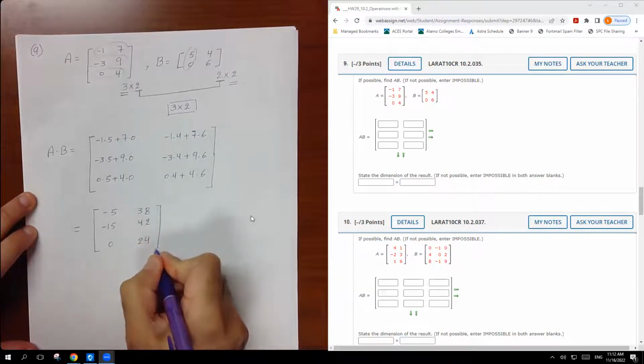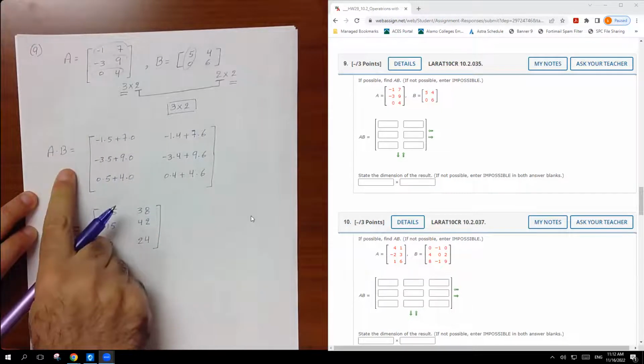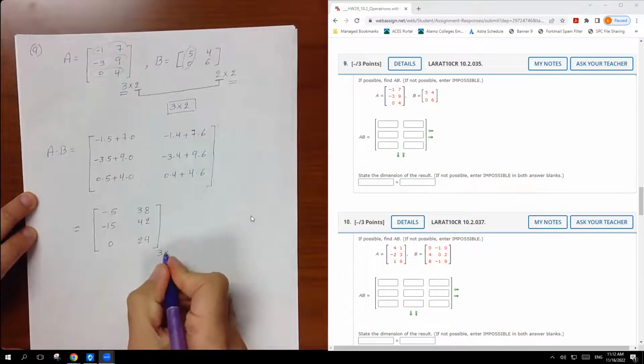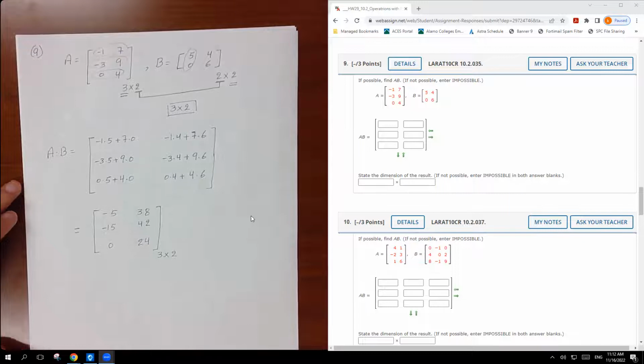So check what we have here. Here is the multiplication between A and B, and the dimension is 3 rows and 2 columns. That's it for this example. So we're just going to type here -5, 38, and here is -15, and here is 42.